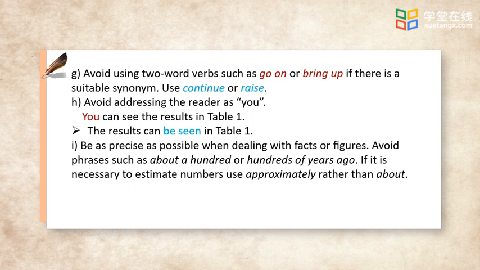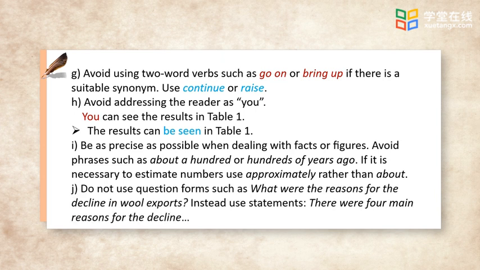If it is necessary to estimate numbers, use approximately rather than about. J. Do not use question forms such as what were the reasons for the decline in wool exports? Instead, use statements. There were 4 main reasons for the decline.